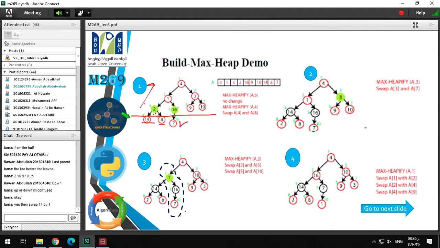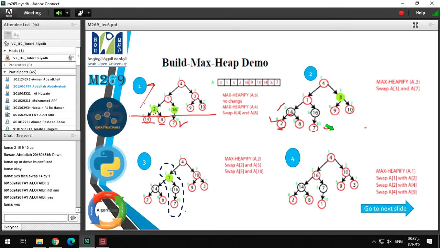And this is what you can see here. Swapping now 14 with 2. So the 2 becomes down here, and 14 becomes the parent. Now we fixed the first problem with this level, and we fixed the problem with this level.